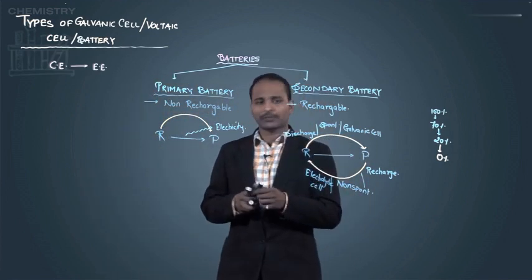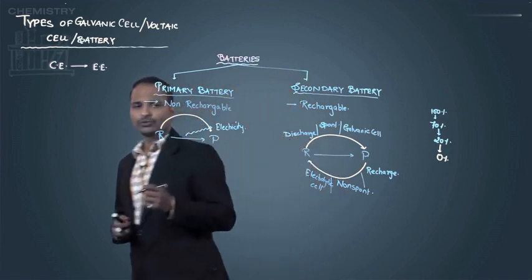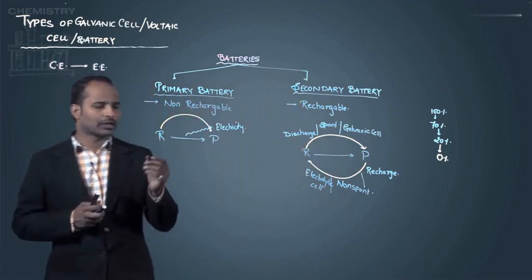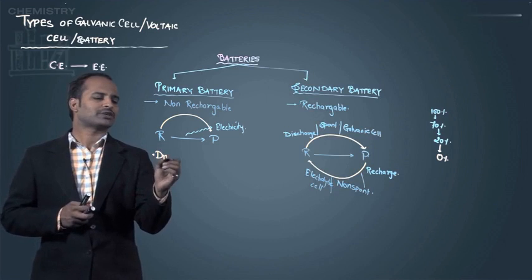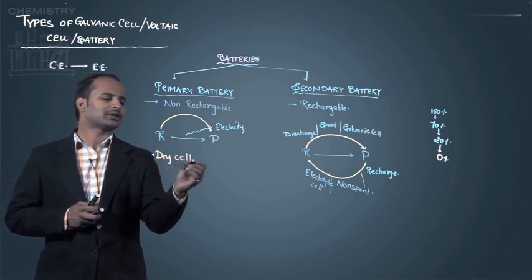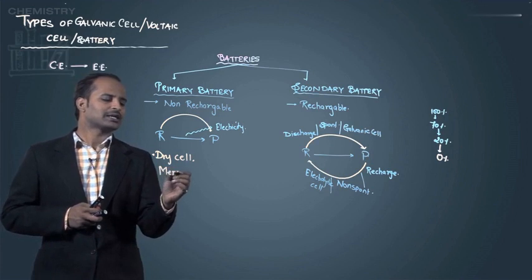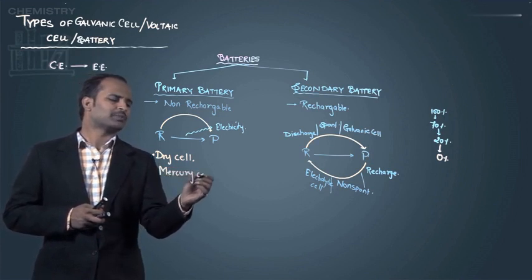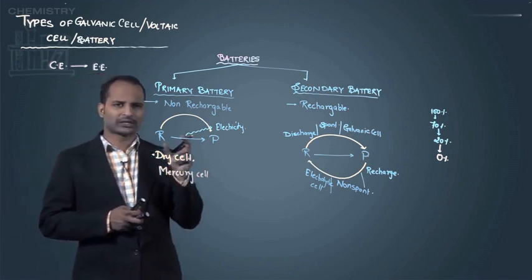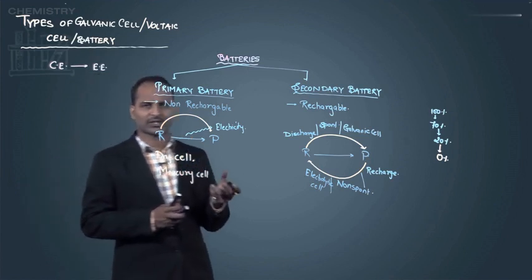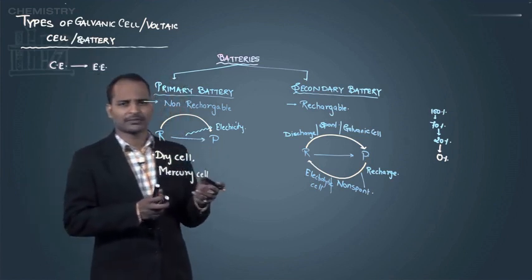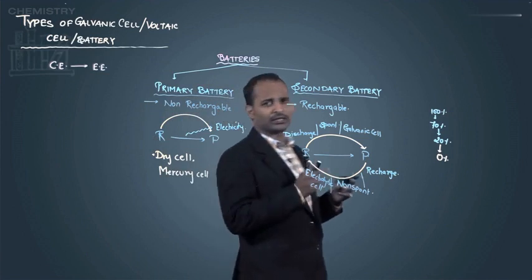In the syllabus, we have two primary batteries which we are going to learn. The first one is the dry cell, and the second is the mercury cell. The dry cell is the cell we use in torches, the pencil cell, or the Eveready and Nippo cells.